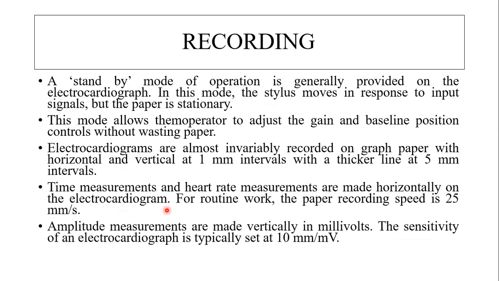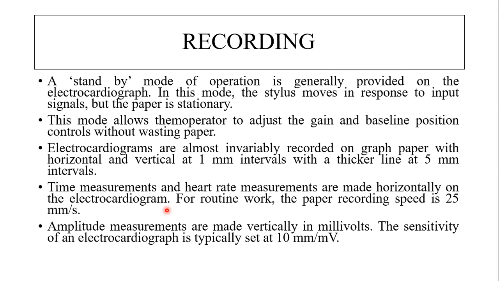So coming to the recording, the stylus or the pen in the ECG machine has a standby mode, which is activated when it is generally not in use. In this mode, the stylus moves in response to input signals, but the paper is stationary.